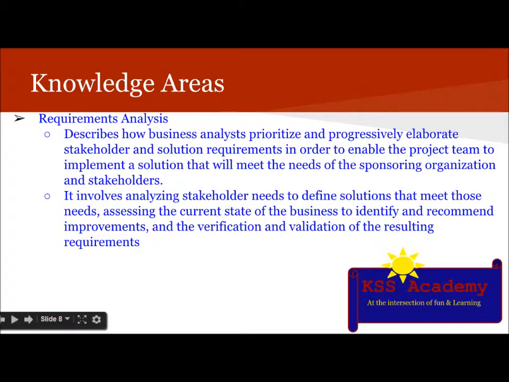What is the requirement analysis knowledge area? It describes how business analysts prioritize and progressively elaborate stakeholder and solution requirements in order to enable the project team to implement a solution that will meet the needs of the sponsoring organization and stakeholders.